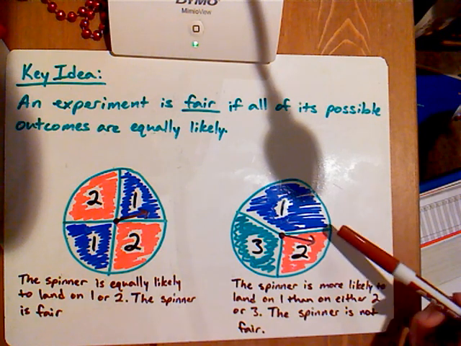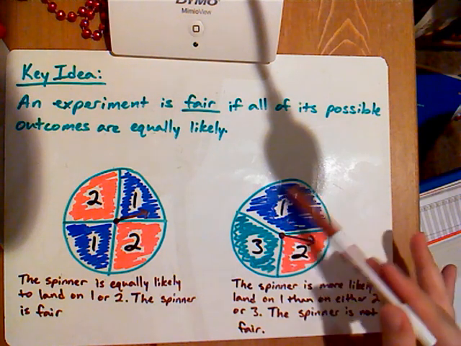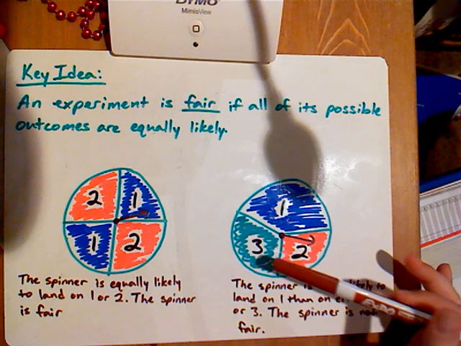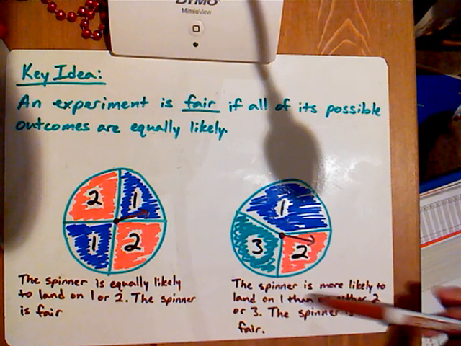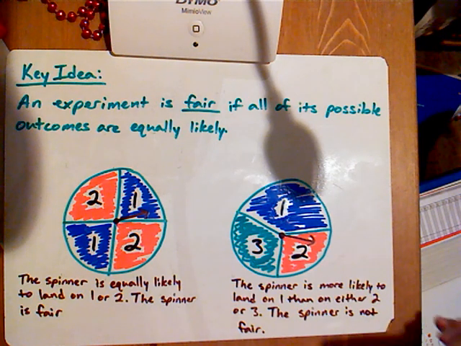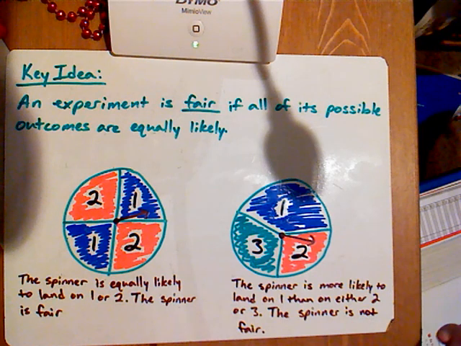Our second spinner has 1, 2, and 3, but our 1 section is a lot bigger than our 2 and our 3. So the spinner is more likely to land on 1 than on either 2 or 3, and so the spinner is not fair. So if you were playing a game, you would want a spinner that looks like this, not like this.